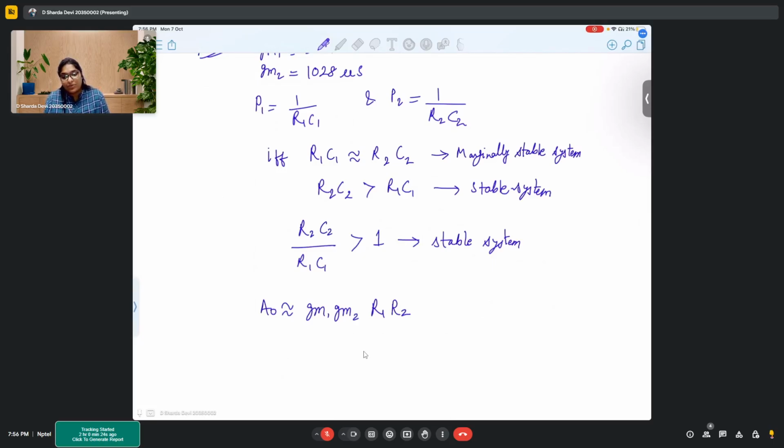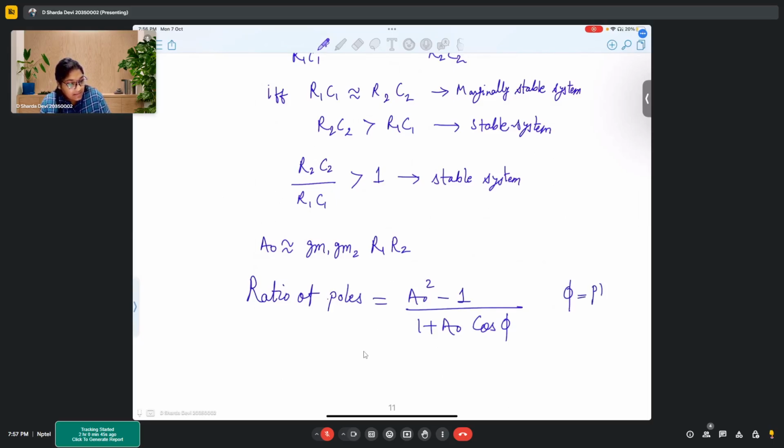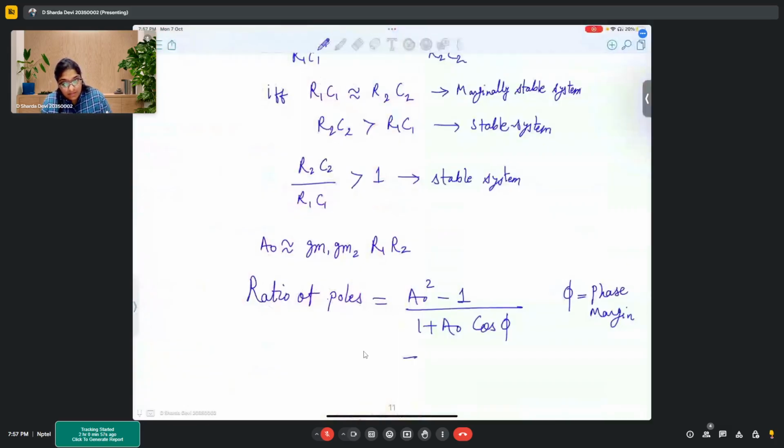So the ratio of poles is given by A naught square minus 1 by 1 plus A naught cos phi, where phi is the phase margin.